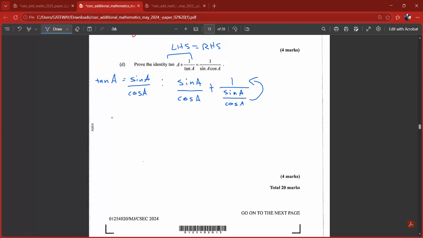So you're basically getting sine A over cosine A plus cosine A all over sine A, because when I bring that on top, you flip.